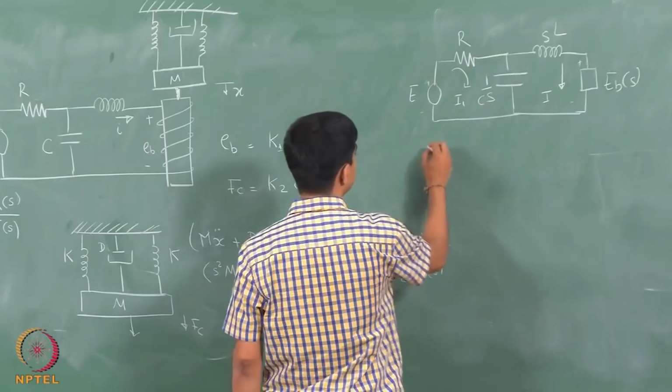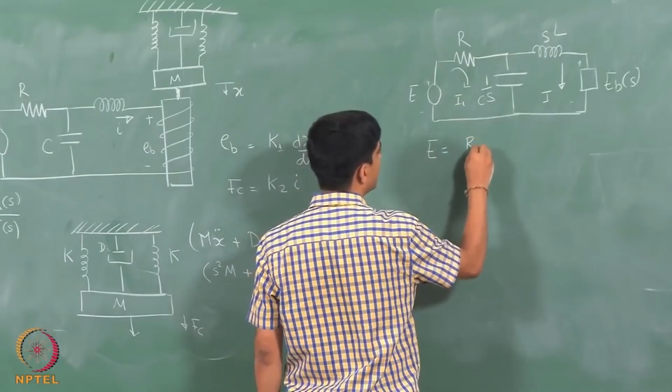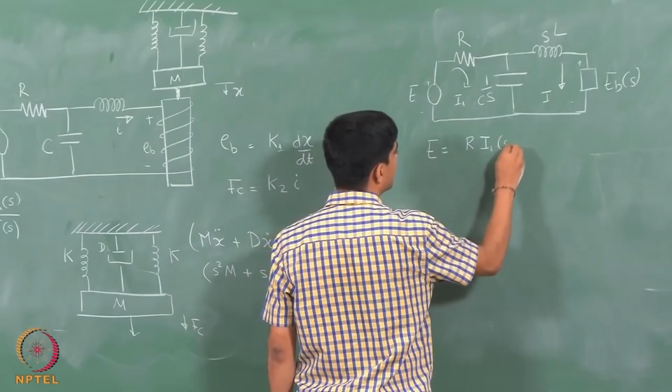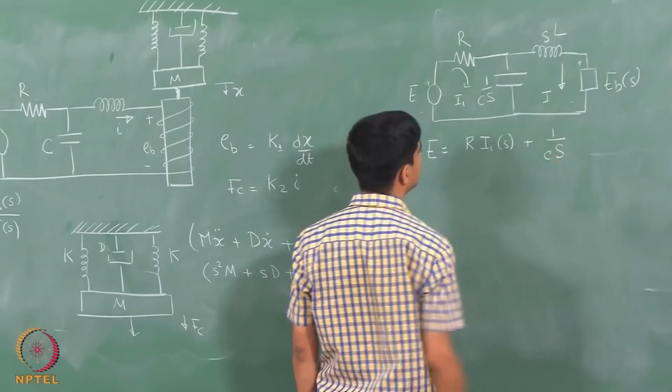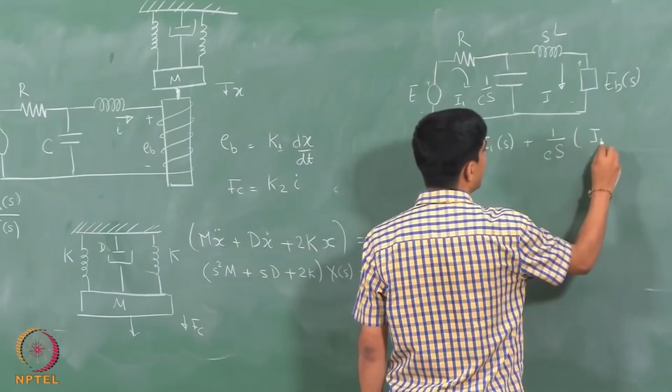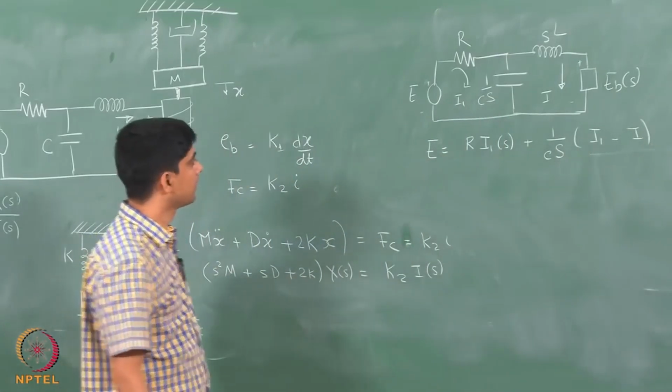So, the first equation would say E is R I1 of S plus 1 over Cs times I1 minus I. Okay.